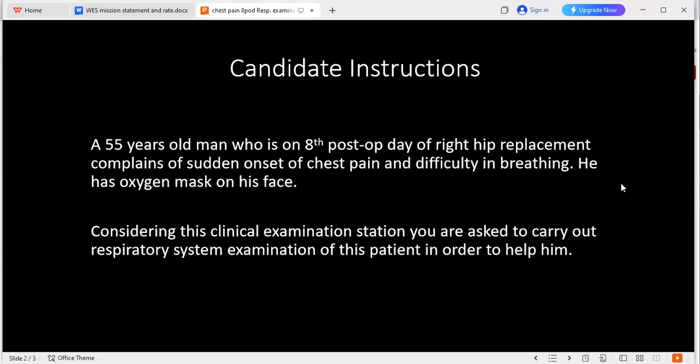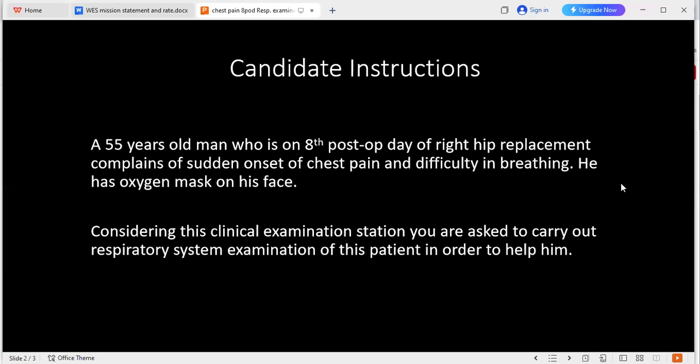On auscultation, I heard for breath sounds. I looked for any added sounds like wheeze or crepitus. I have also auscultated the heart sounds, and I've heard for any additional murmur if at all present. There was none present.